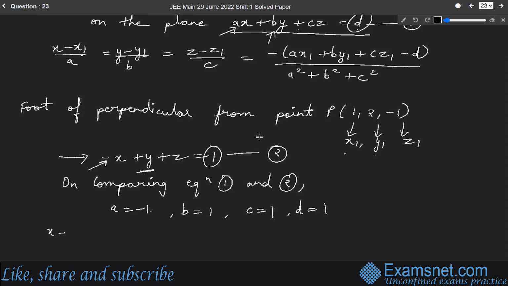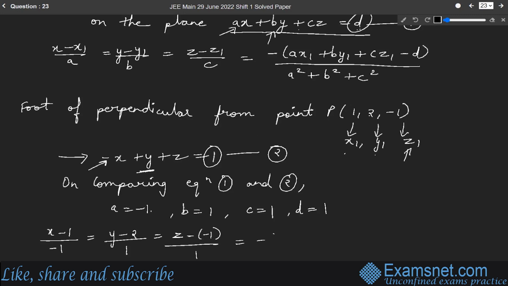X minus, the value of x1 is 1 divided by a, the value of a is minus 1. This is equal to y minus y1. What is y1? Y1 is 2 divided by b. So b is 1. It is equal to z minus z1. What is the value of z? Z is the value of z only, okay? And z minus z1. What is the value of z1? Z1 is minus 1. Divided by c.